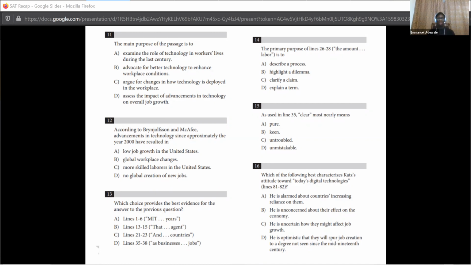Now that we've read through the passage, we can go ahead and jump into the questions.